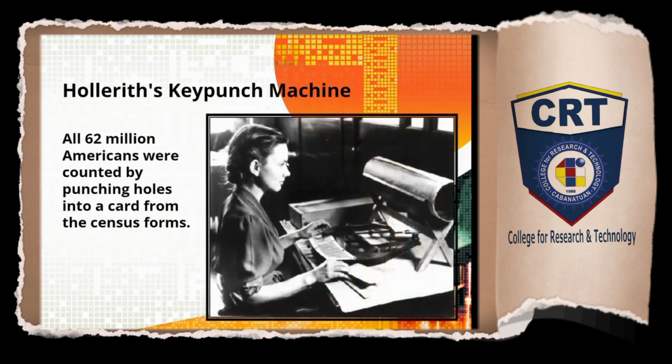All 62 million Americans were counted by punching holes into a card from the census form. It's like a punch ticket when you ride a bus, with holes or dots punched in the card.